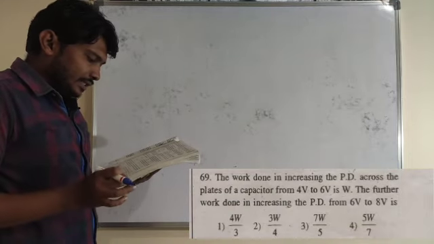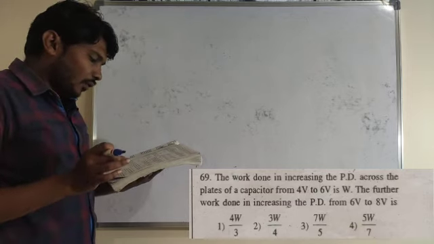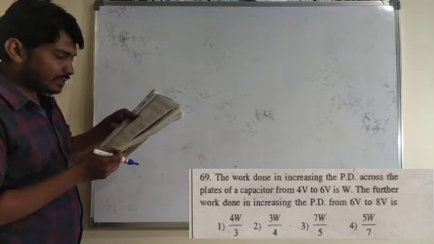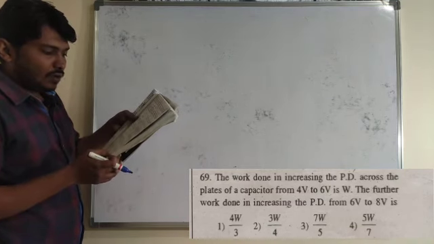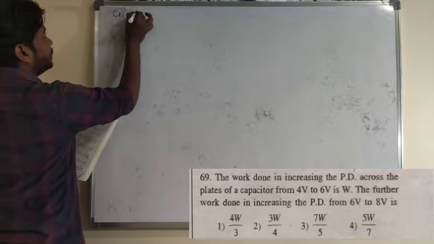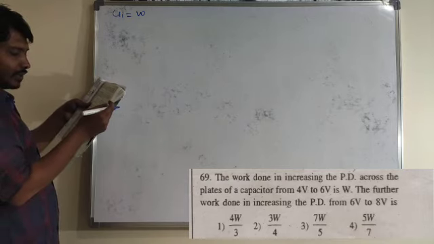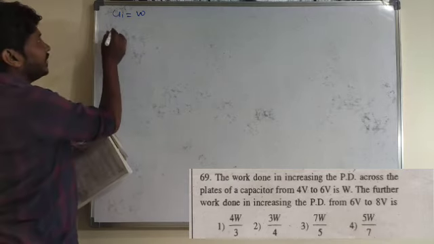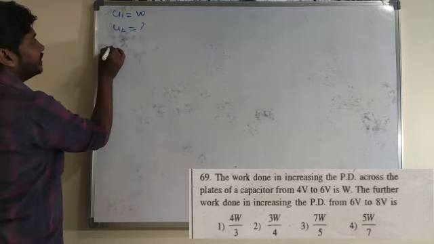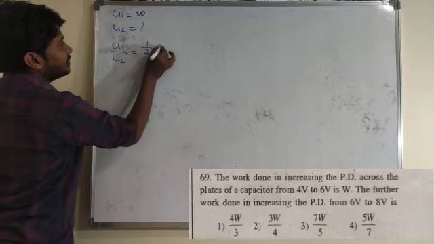Work done in increasing the potential difference of the plate of a capacitor from 4 volt to 6 volt is W. So the initial case U1 is equal to W. Further work done in increasing the potential difference from 6 volt to 8 volt is U2, which I need to determine. So energy stored in the capacitor in the first case and in the second case: what is the generalized formula?